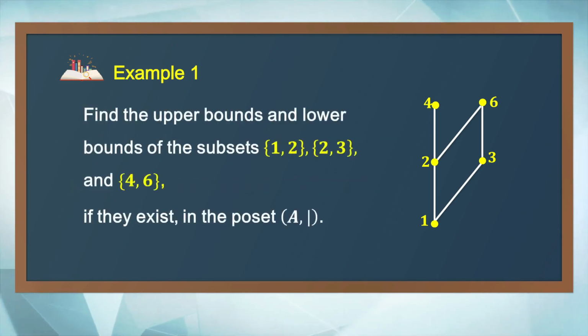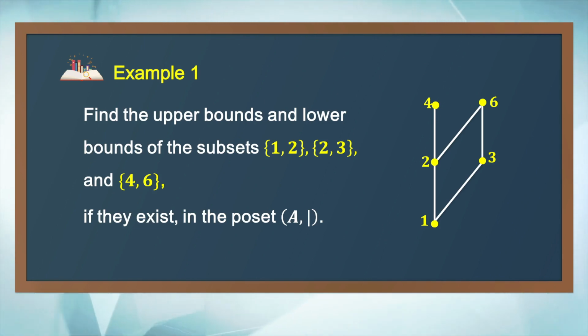Next, find upper bounds and lower bounds of the subsets {1, 2}, {2, 3}, and {4, 6}, if they exist in the poset. An upper bound is greater than or equal to all the elements in this subset. A lower bound is less than or equal to all the elements in this subset.